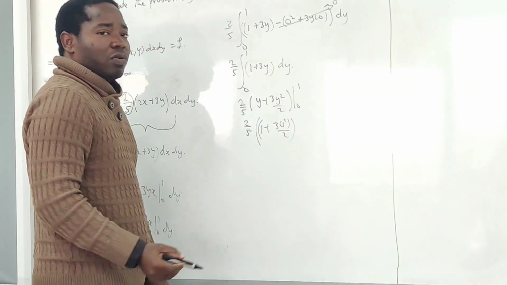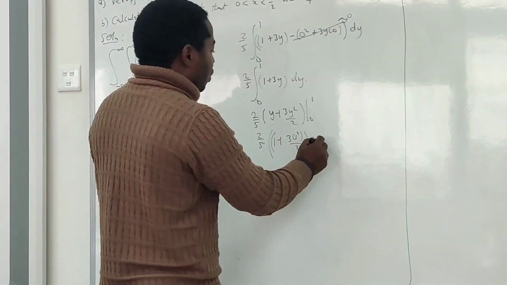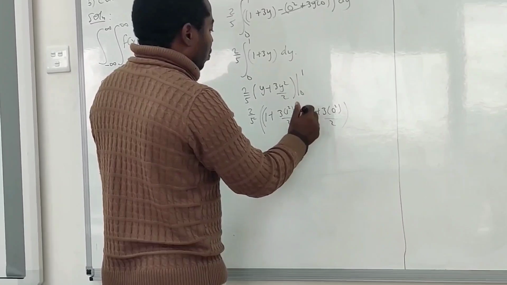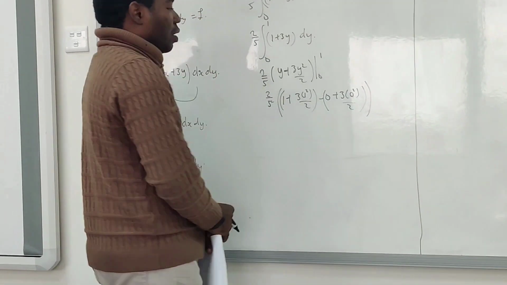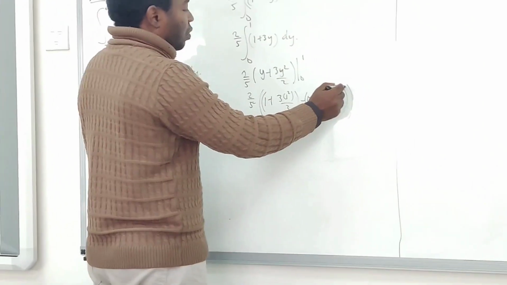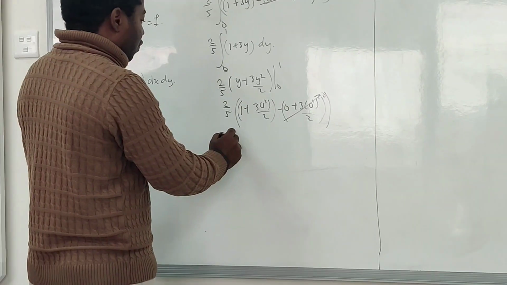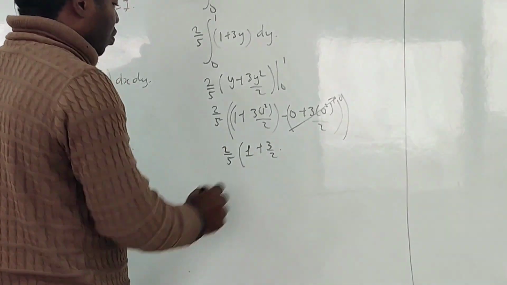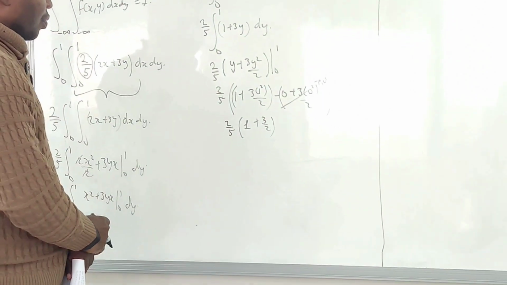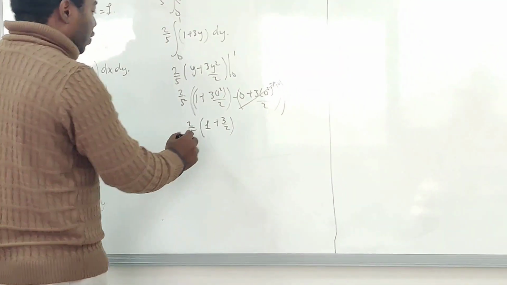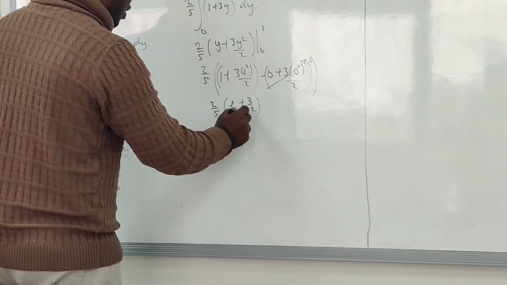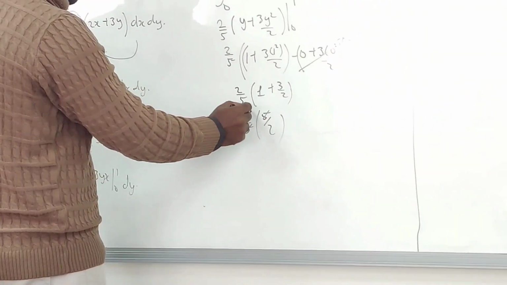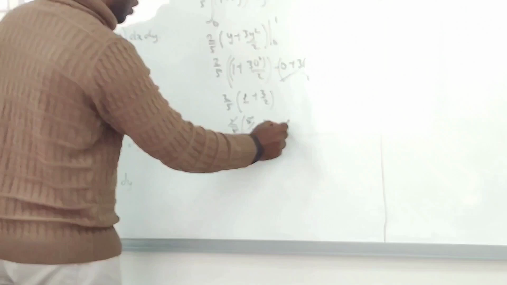If we substitute 0, we will have 0 plus 3 times 0 squared over 2, all bracket. Now, this side of the equation goes to 0 like in the previous case, and we are left with 2 over 5 into bracket 1 plus 3 over 2. This can be further simplified to 2 over 5 by taking the LCM, 5 over 2. And 5 cancels 5, 2 cancels 2. So the final answer is 1.